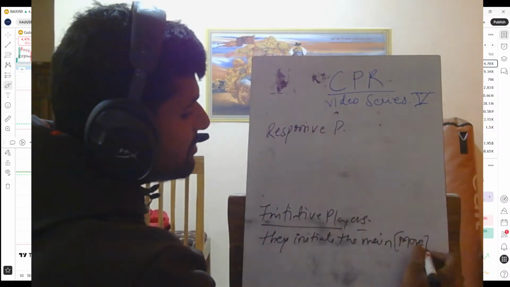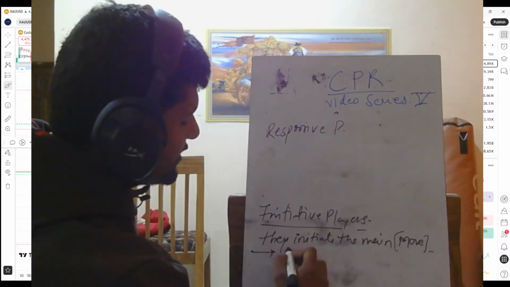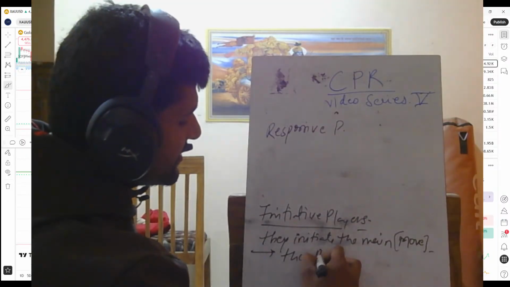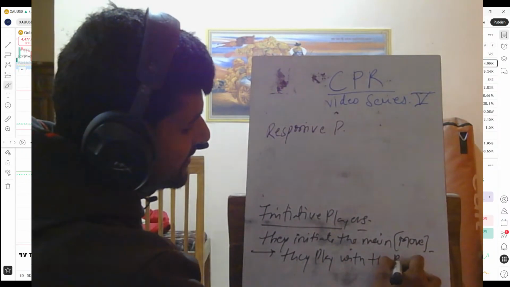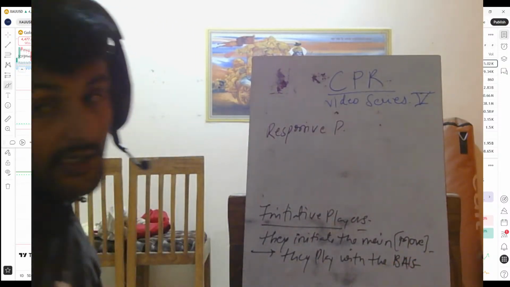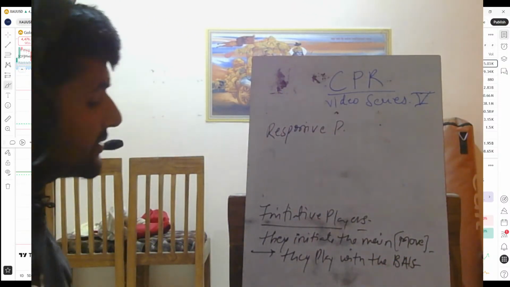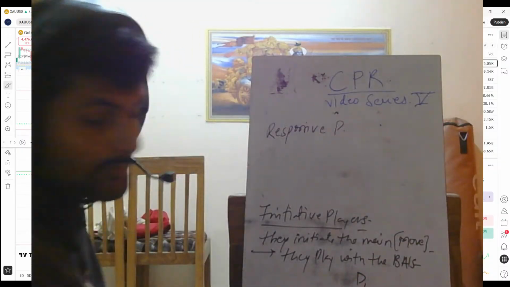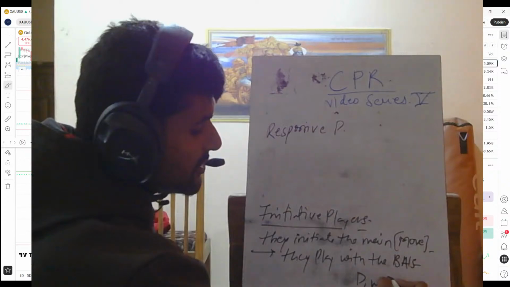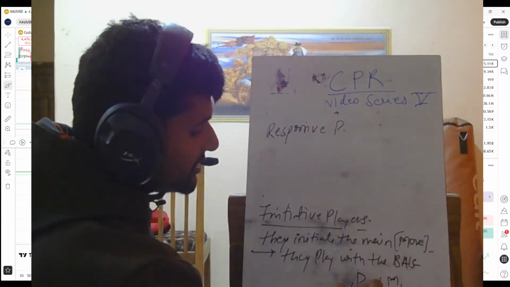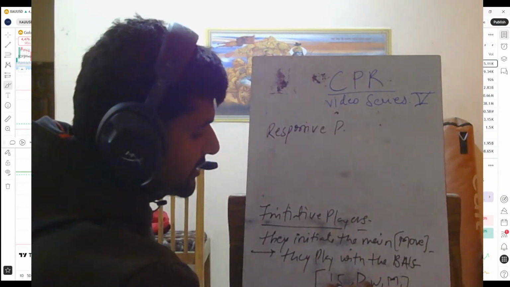Main move means the bias. They play with the bias. It could be any bias. I'm not saying कि वो डेली बायस में प्ले करते हैं, वो वीकली बायस में प्ले करते हैं, या फिर वो मंथली बायस या 15 मिनट बायस, वट एवर.